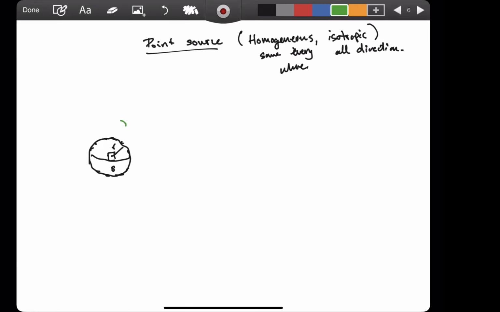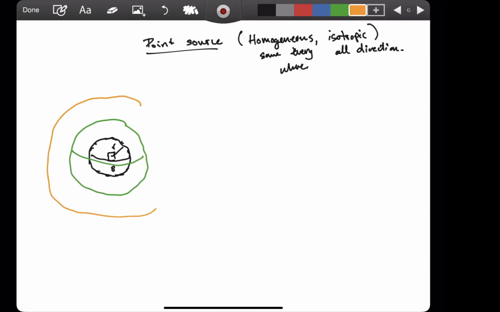Now, as the sound travels outward, since it's a wave moving outward, the size of the sphere gets bigger and bigger. Each one of these has its own radius. What's happening is that the source is giving off an energy per unit time, which is the power.